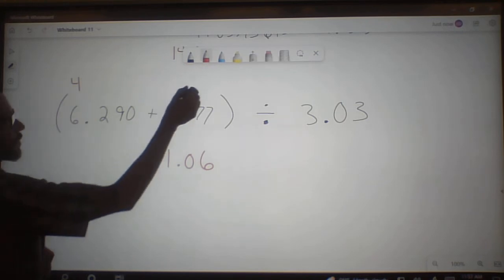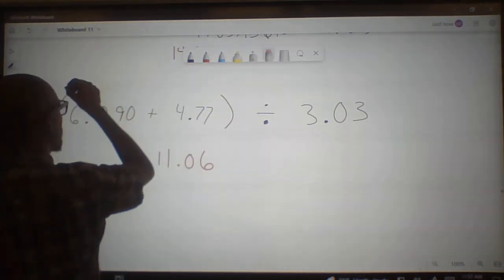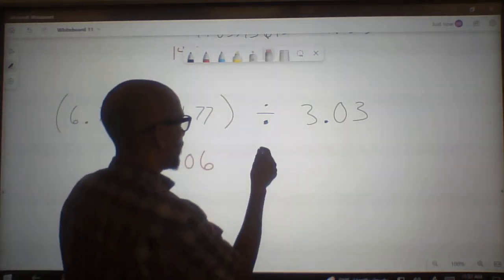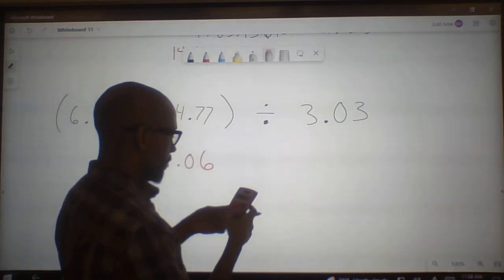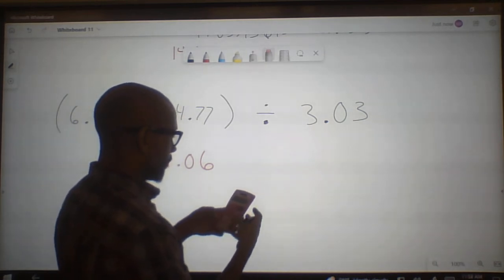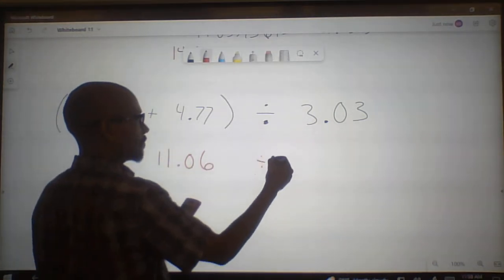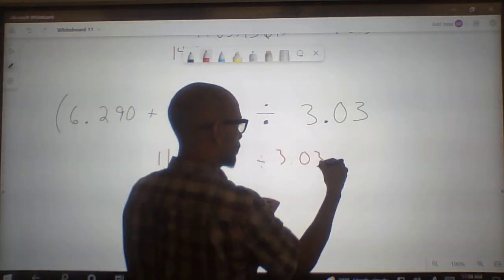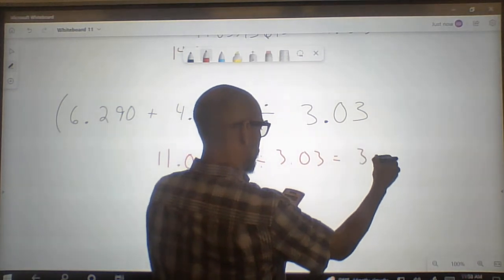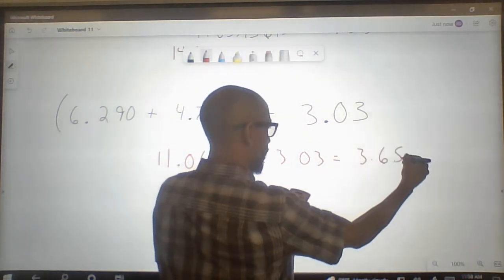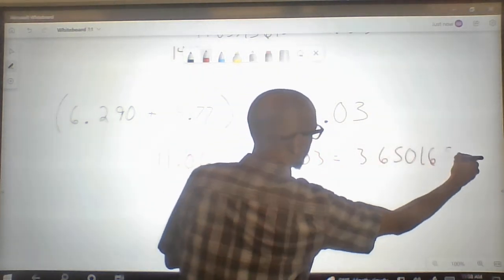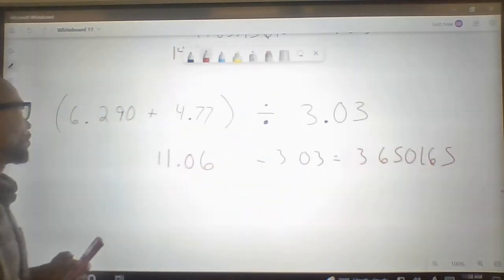Well, on this one, we would have had to line them up. So I'll come back to that. And then now we're dividing it all by 3.03. 3.650165. So I don't think we'll go out that far.